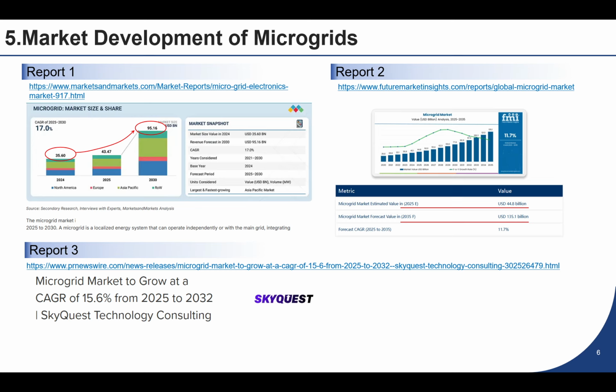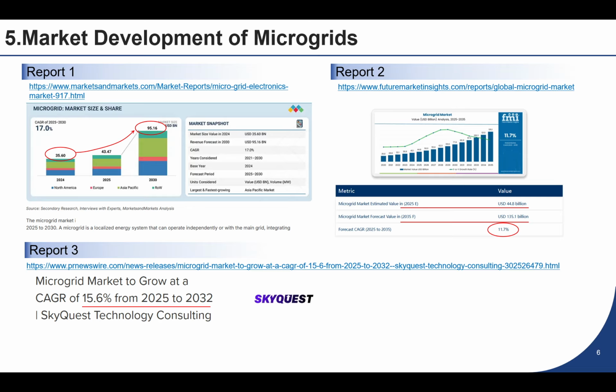$135 billion by 2035, with a long-term CAGR of around 11.7%. A third report from SkyQuest estimates a CAGR of 15.6% from 2025 to 2032, emphasizing strong commercial adoption and the growing need for reliable energy systems.